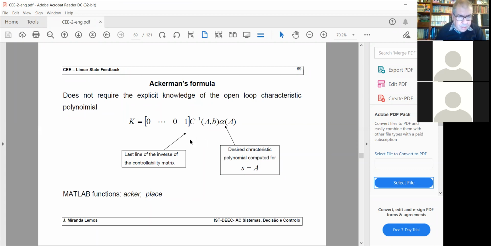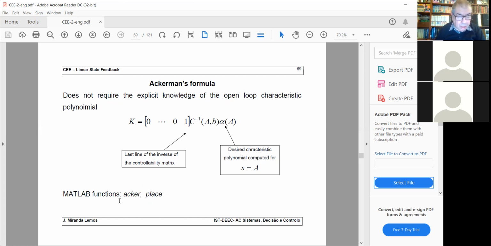Ackermann's formula is actually programmed in MATLAB. It's a function acker. And you have another function which is place. Place is better; the numerics are better. If you have multivariable problems, which is something that we're not going to consider, and if you have plants with order bigger than 10, you should use place.